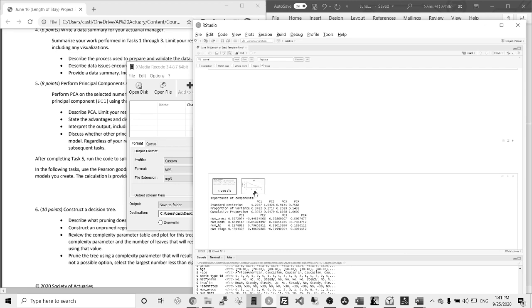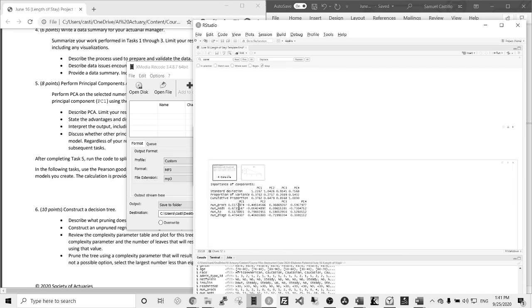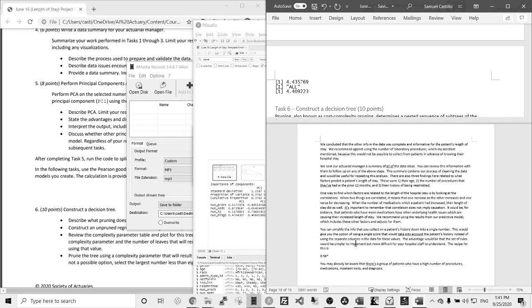So this would be 0.56 times PC1 times number of procedures plus 0.67 times number of medications plus 0.12 times number of inpatient visits plus 0.47 times number of diagnoses.